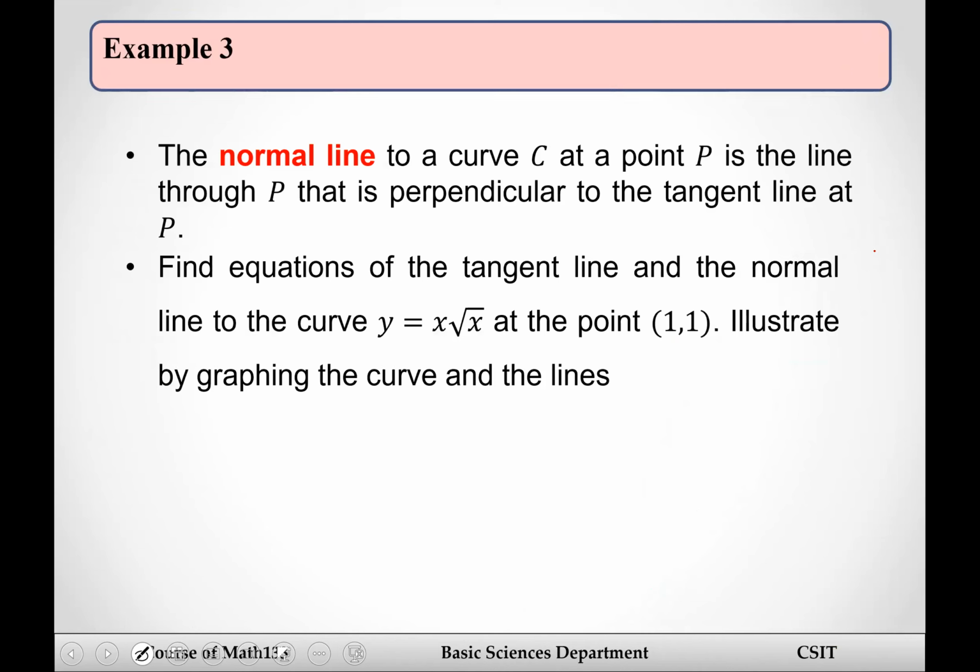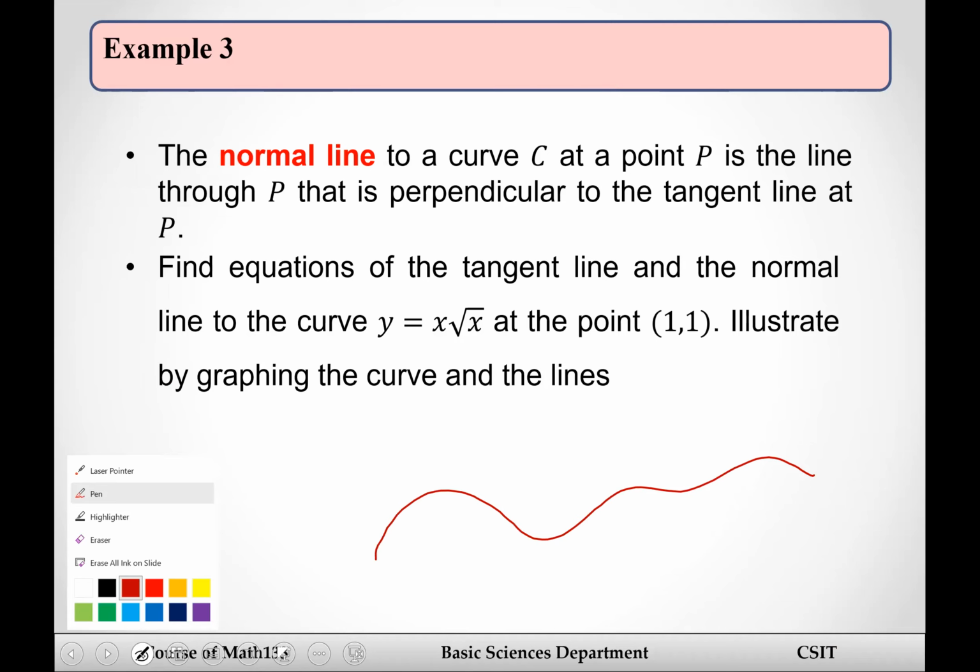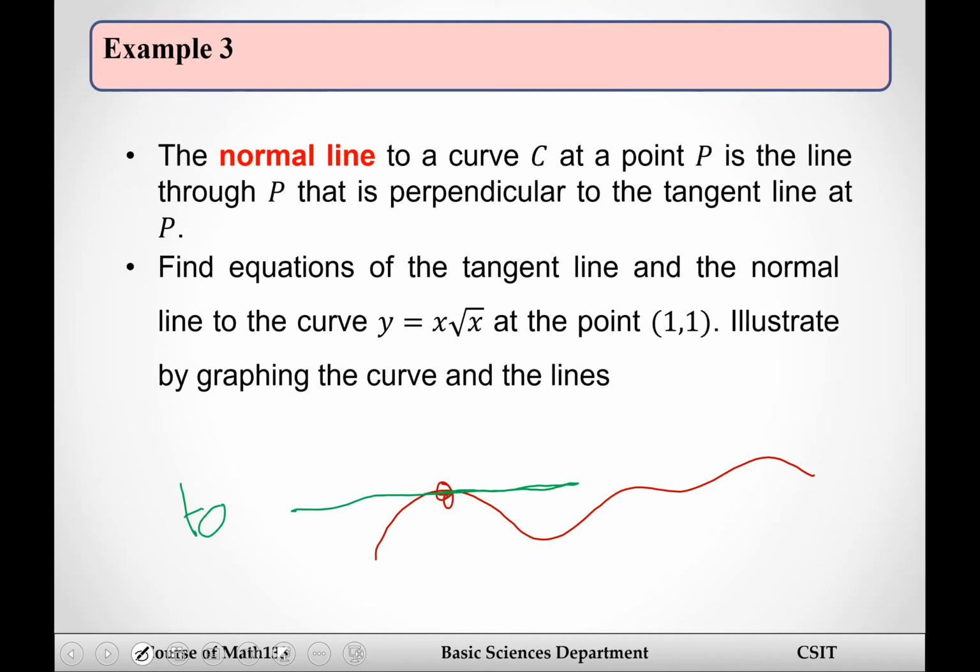So the normal line is something when you have a graph like that, you take the tangent line at the point. Let's say I will take this point here, okay? And I will draw the tangent line, which is something like that. This is the tangent line.